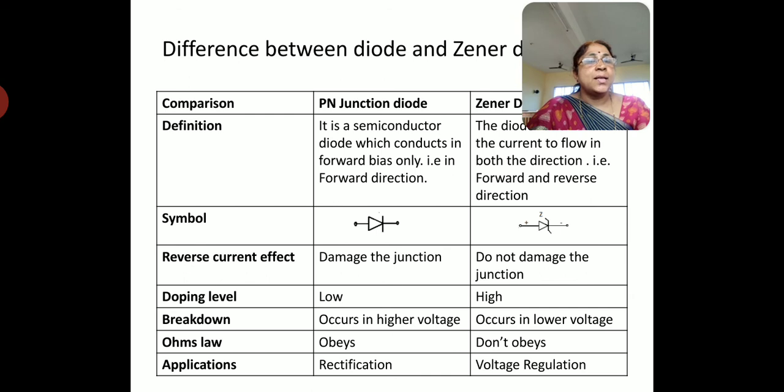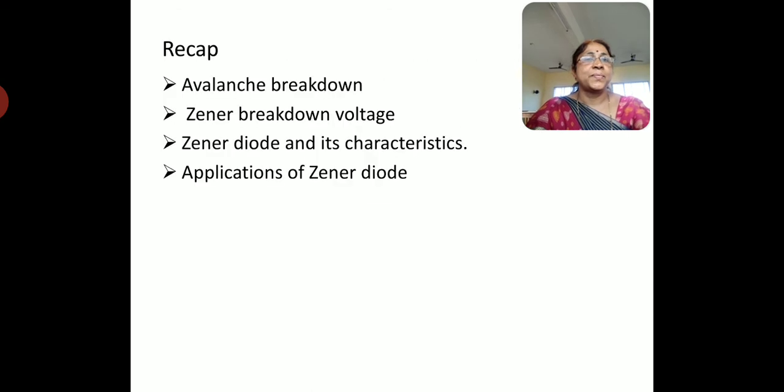Then the application: the PN junction diode is used for rectification, that is, to convert AC voltage into DC voltage, whereas the Zener diode is used for voltage regulation.